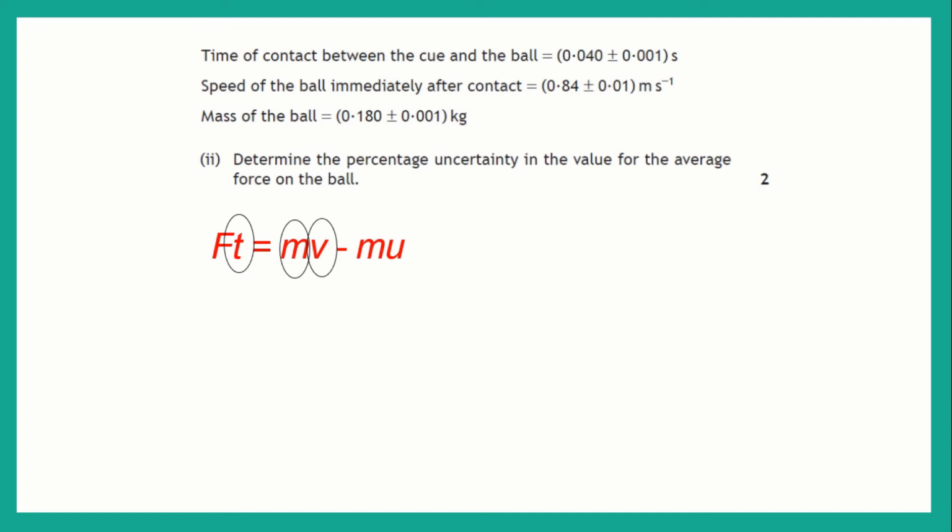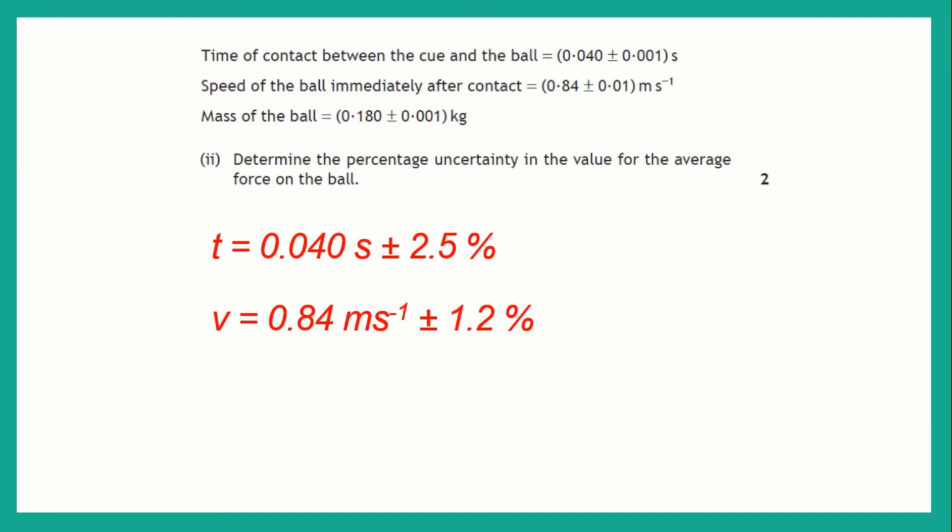Okay, in order to combine all these uncertainties, like I mentioned earlier, we need to convert them into percentage uncertainties. The percentage uncertainty in the time is 0.001 as a percentage of 0.040. We find this to be plus or minus 2.5%. 0.01 meters per second as a percentage of 0.84 meters per second becomes plus or minus 1.2%.